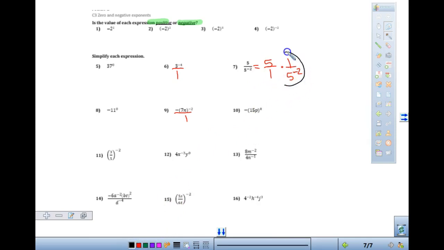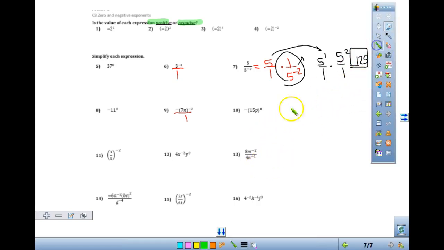So we have to move this one up. The first one stays the same, 5 over 1. Nothing changed. Times, I'm now going to put 5 to the second over 1. 5 to the first times 5 to the second, that's 5 times 25, which gives us 125.